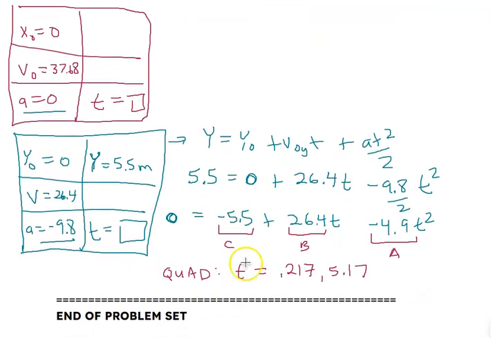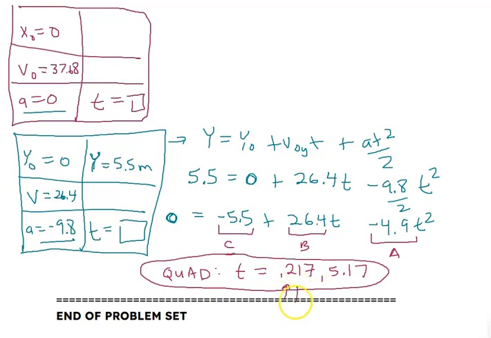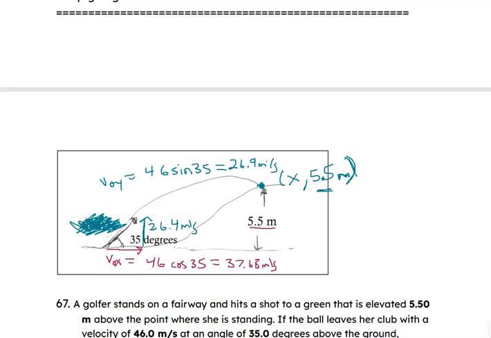I can see from the answers, this one's kind of tricky because usually, like for collisions, you're going to pick the earlier time. The 2 cars crash, boom, it's over. That didn't really happen here. If you look at this picture, and that's not a very nice parabola, the 2 times it's at 5.5 is once on the way up, so that's clearly not landing on the green.